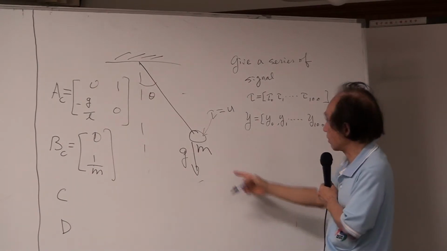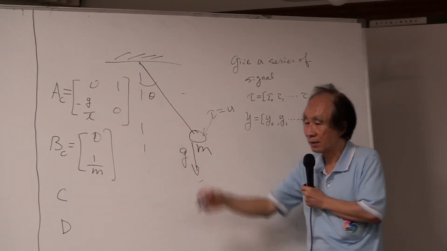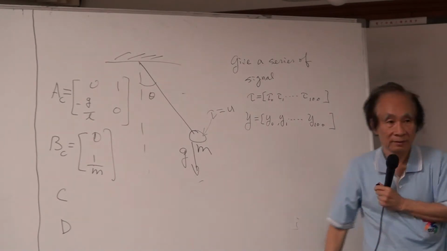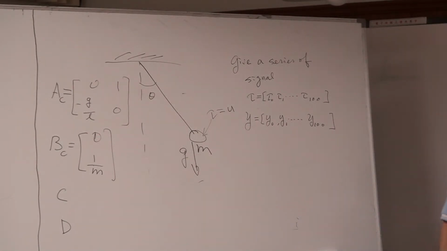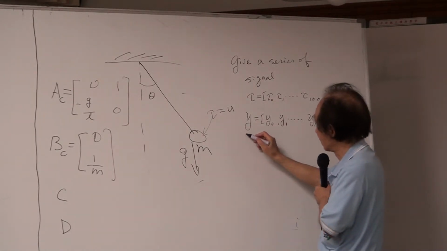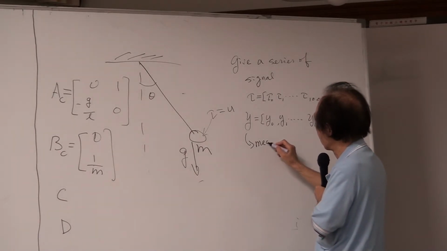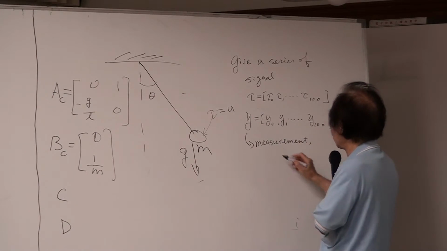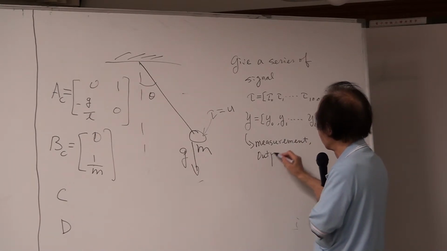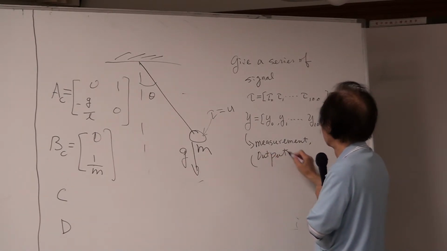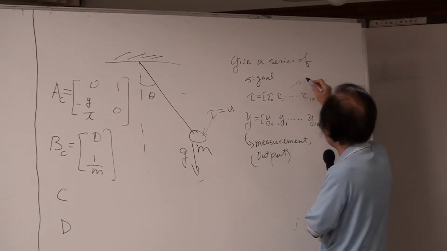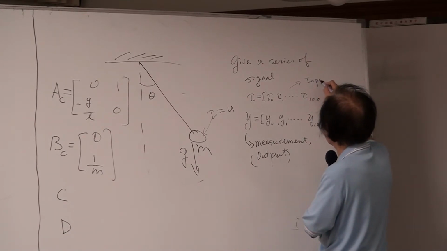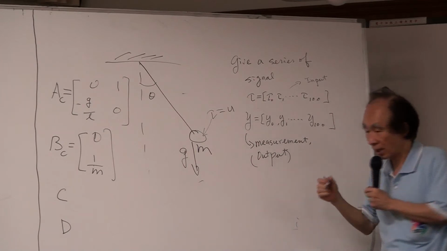So this measurement can be theta, theta dot. Alright, so this is my measurement. That means my output. This is my input. Okay?